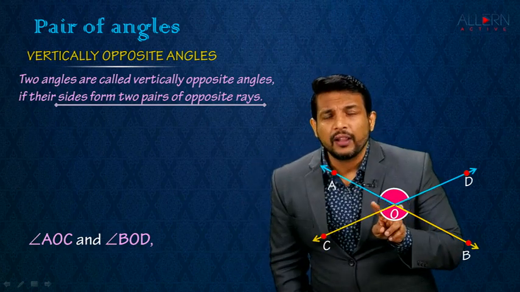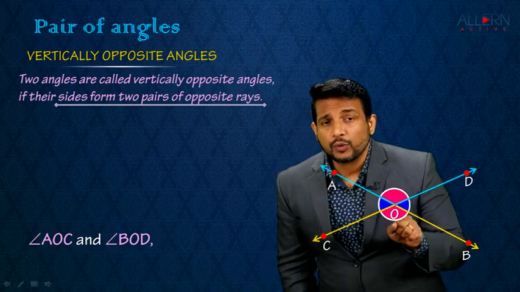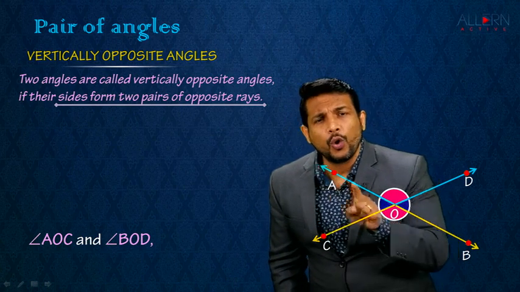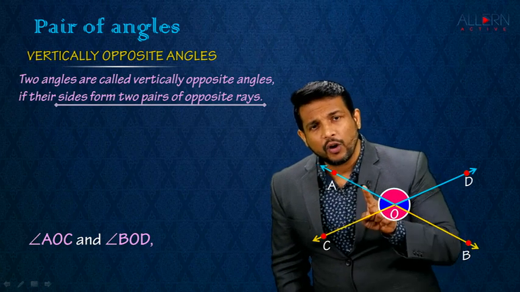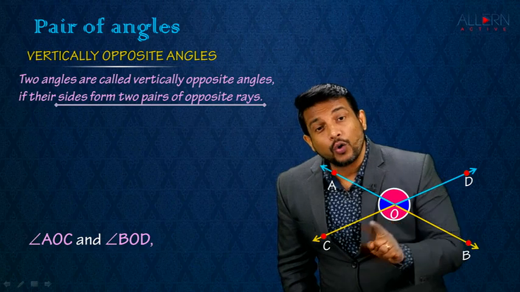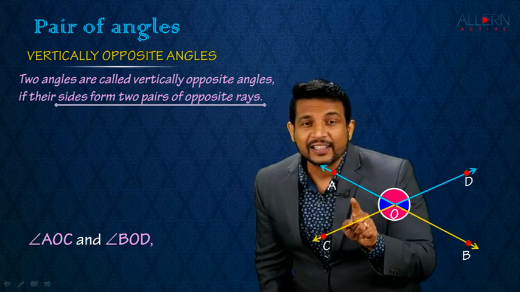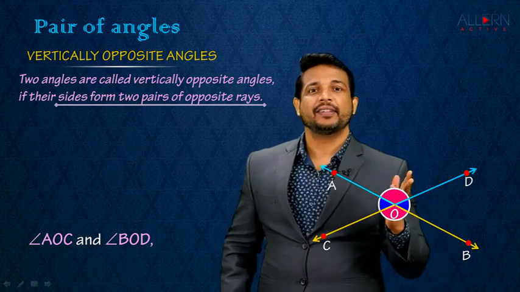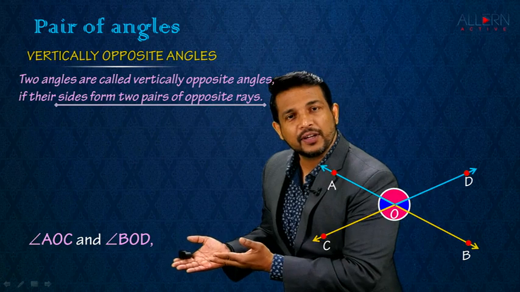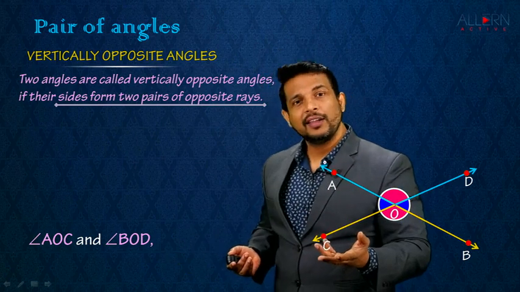For angle AOC, the sides are OA and OC. For the other, it is OB and OD. Observe that. OA and OB, that's a pair of opposite rays. OC and OD, that's another pair of opposite rays. That means the sides of these two angles form two pairs of opposite rays. So as per the definition, this is a pair of vertically opposite angles, isn't it?